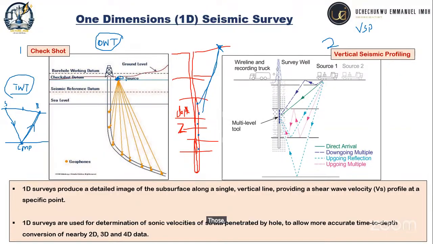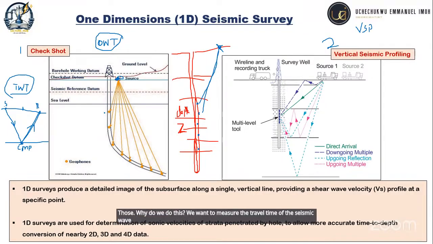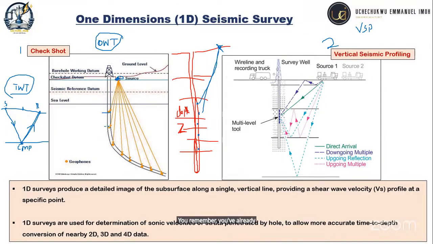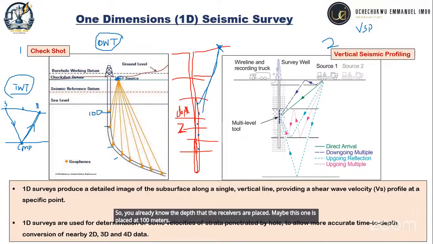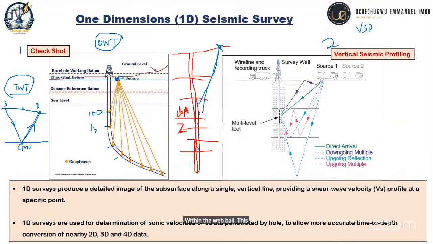Why do we do this? We want to measure the travel time of the seismic wave to this receiver. You've already placed the receivers within the wellbore at intervals of interest, so you already know the depths at which the receivers are placed. Maybe this one is placed at 100 meters within the wellbore, this one at 150, this at 200, and so on.